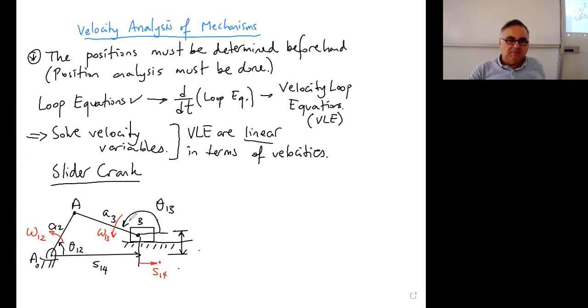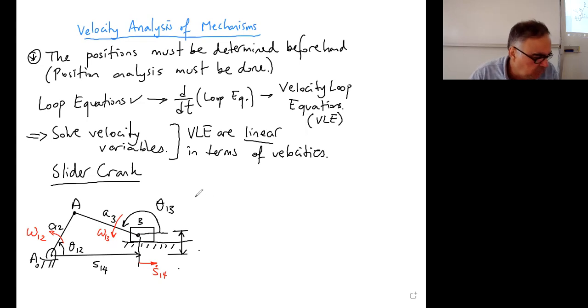Okay, that's supposedly a dot. That means the time derivative. So these are the velocity variables, the ones I have drawn in the red color.